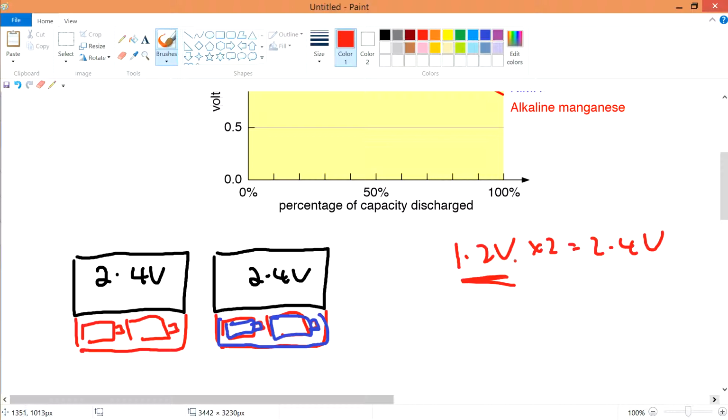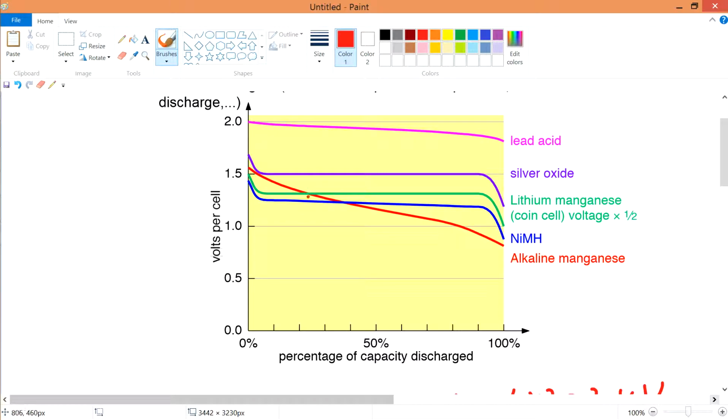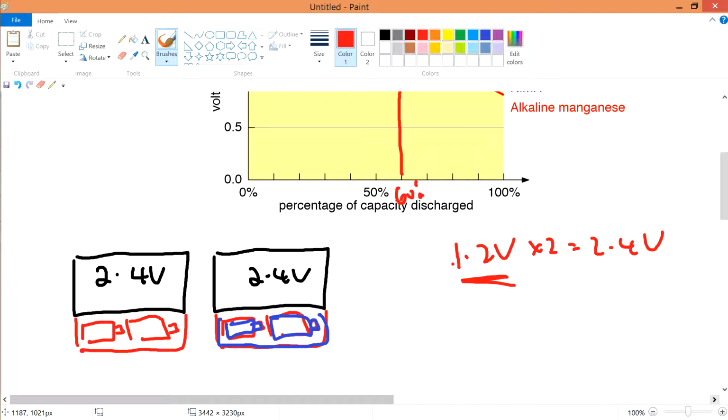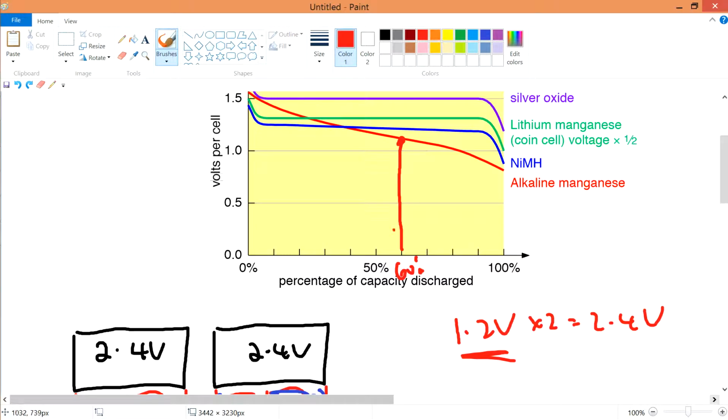When is it 1.2 volt for an alkaline battery? Alkaline battery 1.2 volt is approximately here, at 60%. So the last voltage you can give is at 60%. After which, when you reach maybe 70%, for example, you are at 1.05 volt, or approximately 1.1 volt.